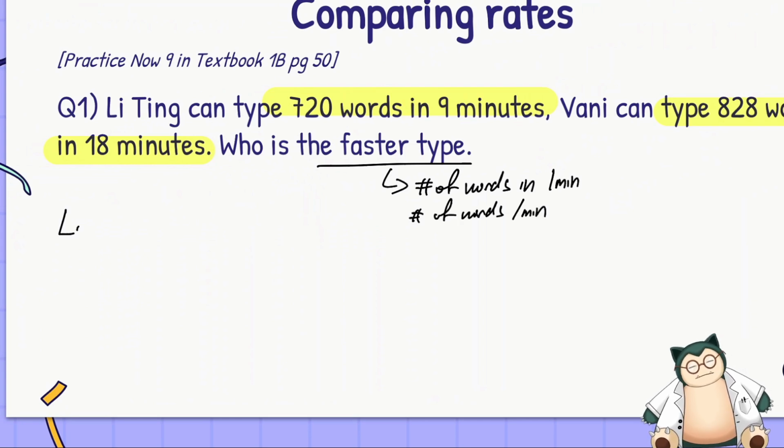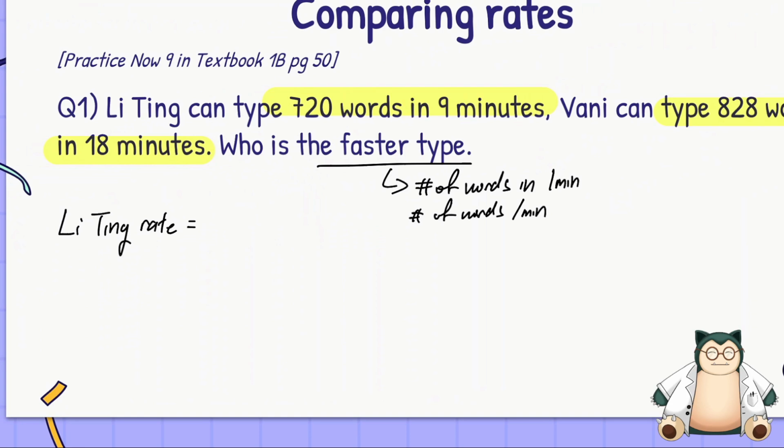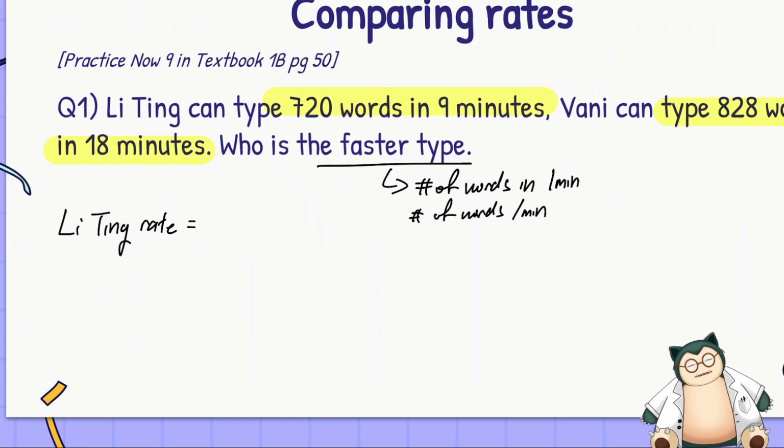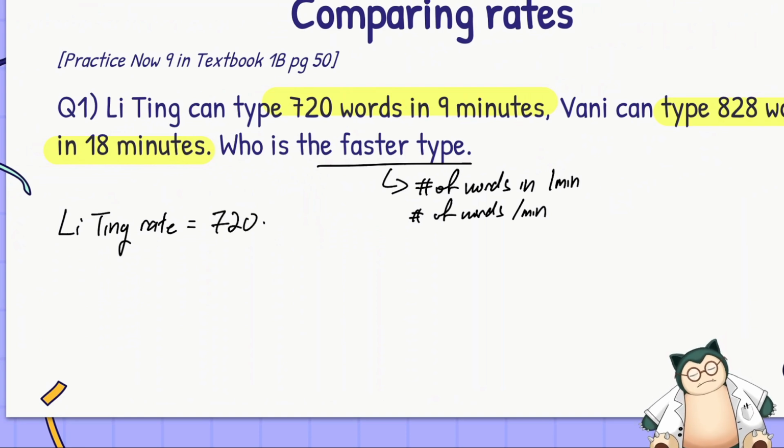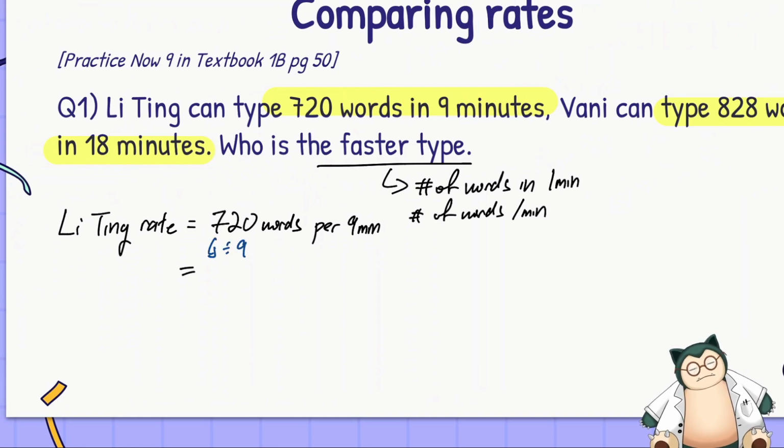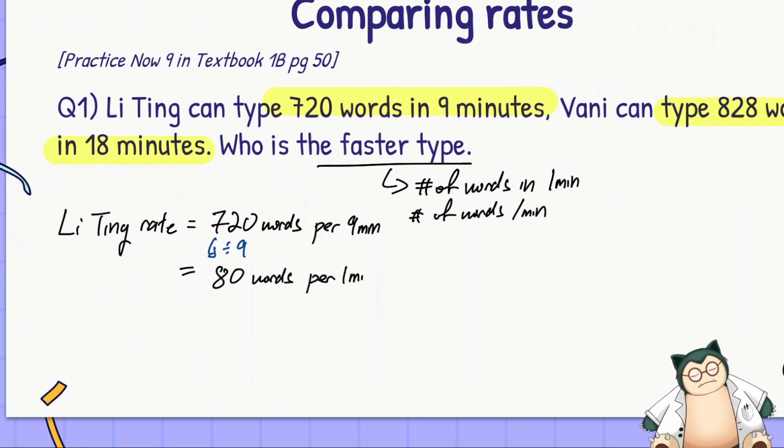So let's look at Li Ting's rate. Li Ting's rate is 720 words in 9 minutes. So let's calculate per minute. If it's 720 words per 9 minutes, then we simply divide by 9, and we get 80 words per 1 minute.